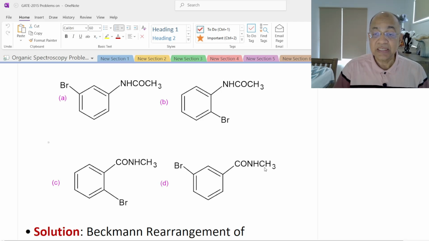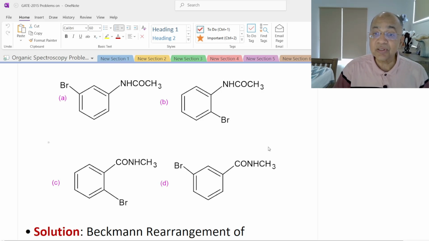But if it is CH3NHC=OR, the CH3 is adjacent to NH, and not only will it have a more downfield methyl peak, but if you look at the correlation chart, you will find this methyl adjacent to NH will be around 3 ppm, while CH3 adjacent to C=ONHR will be around 2 ppm.